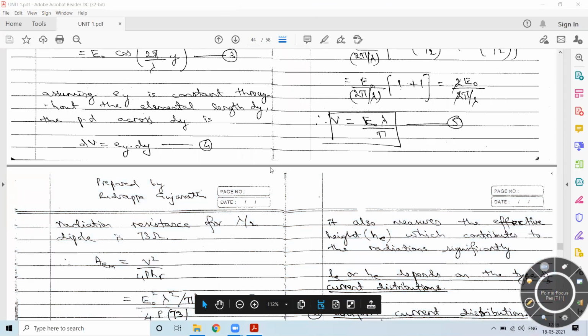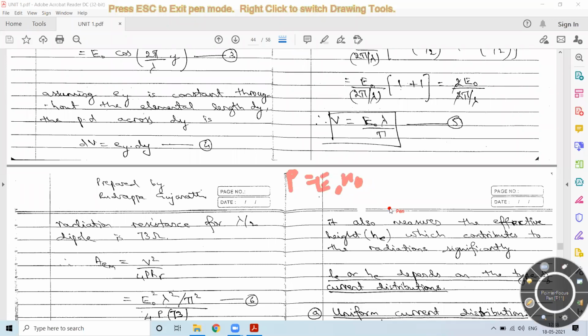So here we have P is equal to E naught into H naught. This is the power density equation.